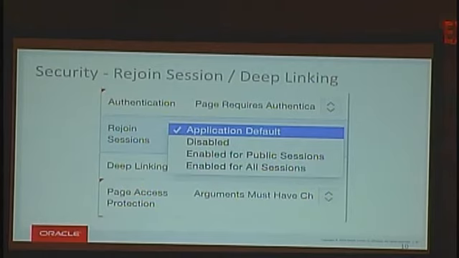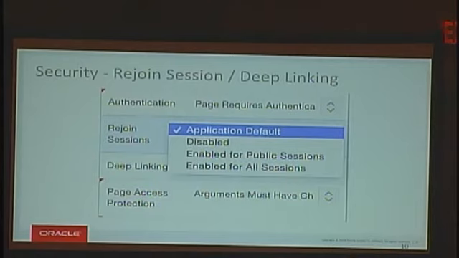So what you can do is, for specific applications and specific pages, you can say that it's okay if somebody is calling the application with just the application number and the page number and doesn't include the session ID, which is the case if you include a link in a mail, for example. It's totally fine.